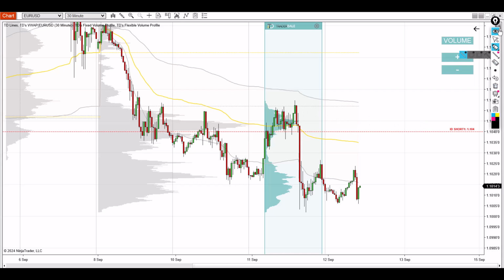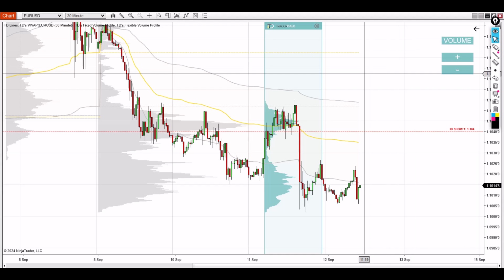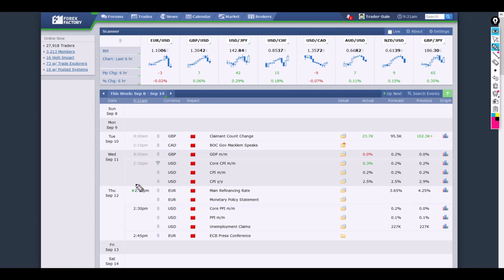Alright. Now, one thing to be very careful about is macro news today, because today there is the main refinancing rate, monetary policy statement, PPI, and ECB press conference. All those very strongly affect the euro and also the dollar.